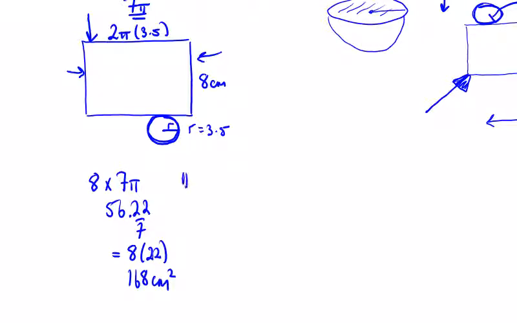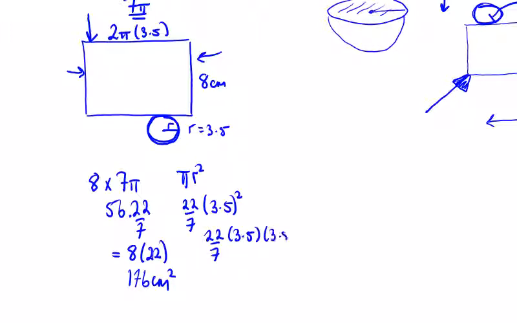And the area of the circle is pi r squared, which is 22 over 7 by 3.5 squared. I'm just looking at 168, 176, trying to do arithmetic in my head. If I try and do this in my head, I'd say 3.5 squared, we'd have 22 over 7 by 3.5.